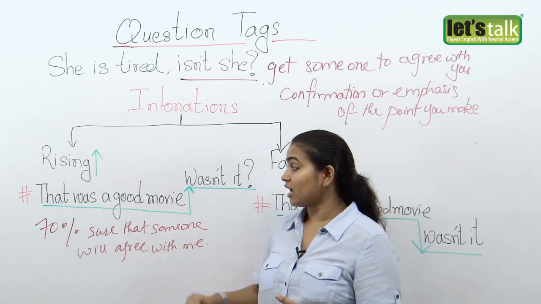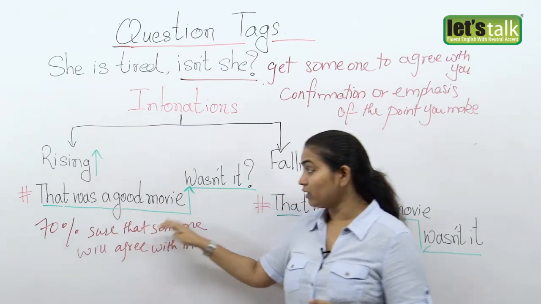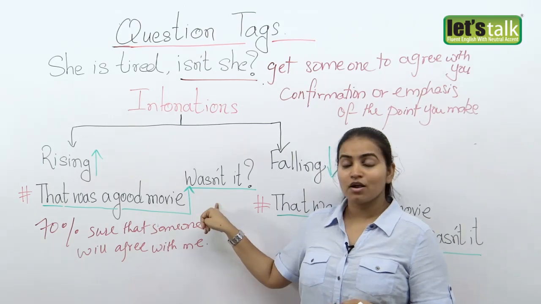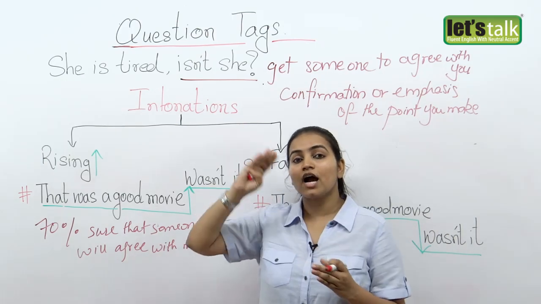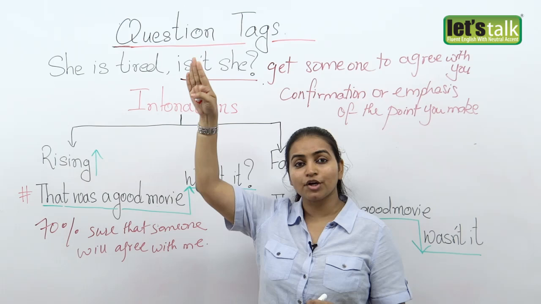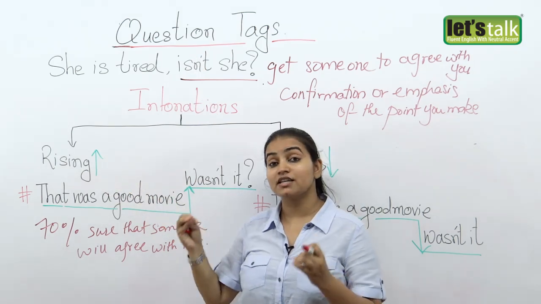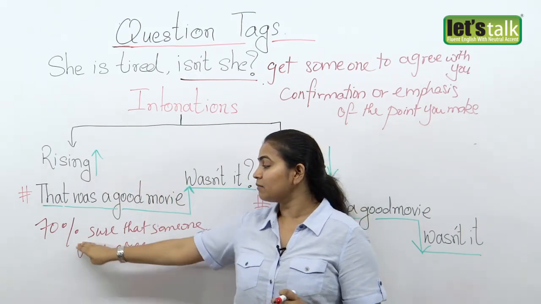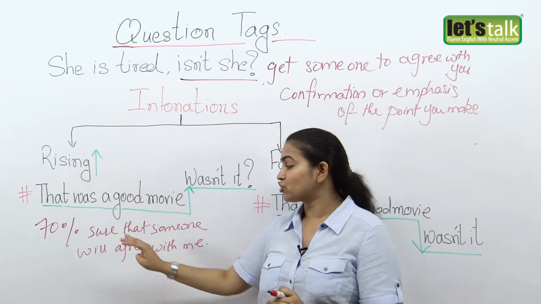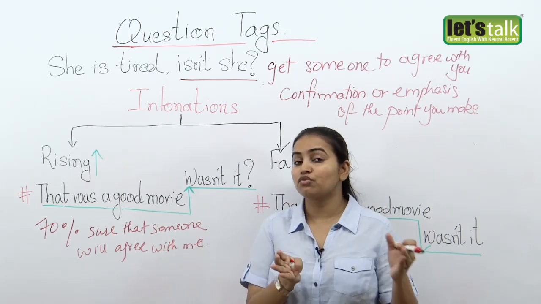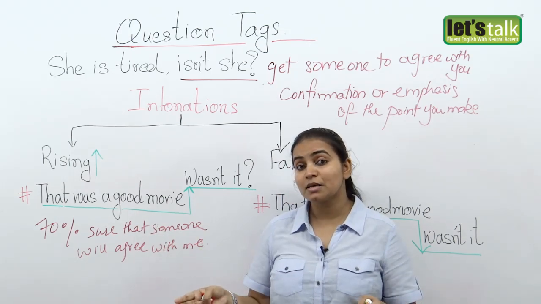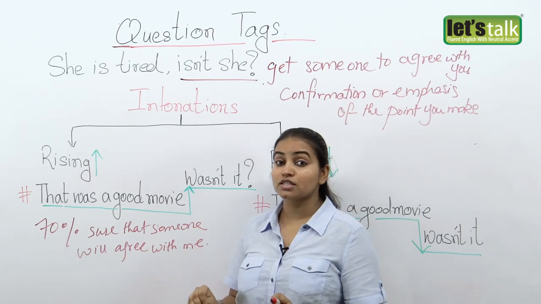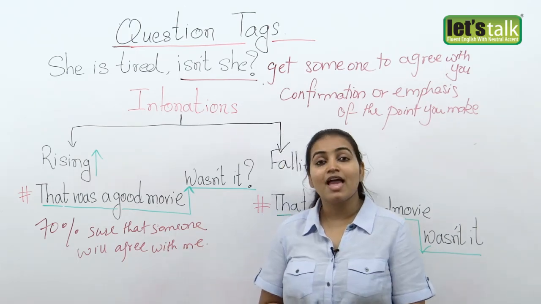So I would say, that was a good movie, wasn't it? Well, my wasn't it just goes a little higher, and that is what my rising intonation is all about, because I am maybe 70% sure that she will agree with me, because I know she does not really watch horror movies, but she might agree with me because I took her out with me.